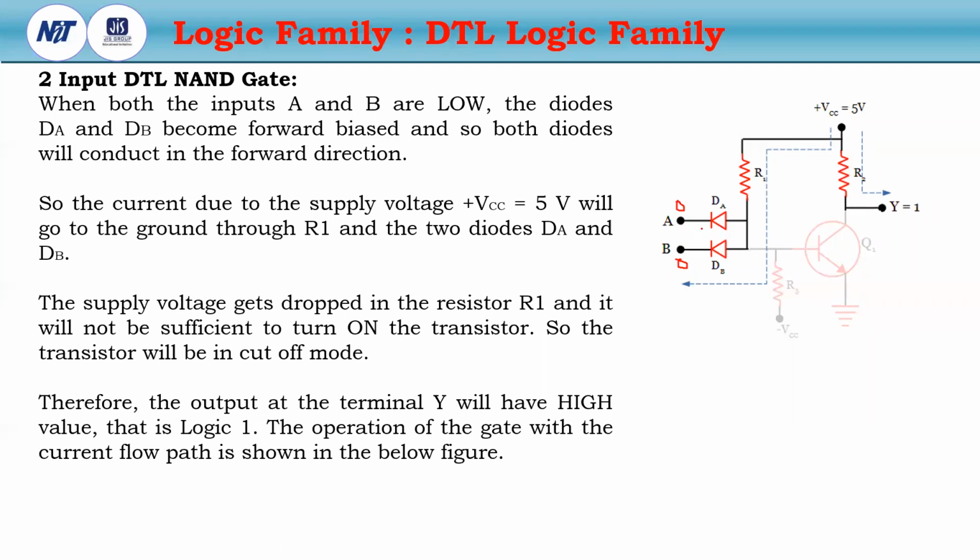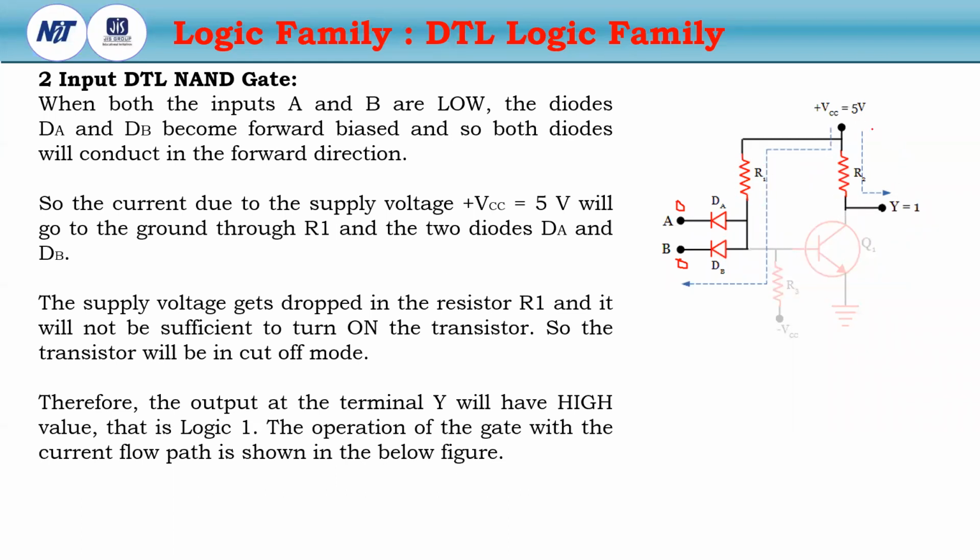So DA and DB are forward biased. If it is forward biased, the current will flow from VCC through R1, through the diodes DA and DB to the ground. So there is a maximum drop at R1.